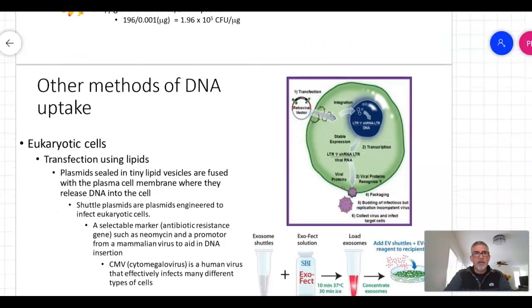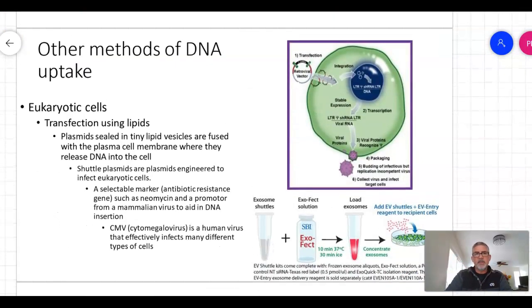Use technology. All right, so other ways that we transform things: eukaryotic cells, we can do electroporation with electricity. But the plasmids we insert here for eukaryotic organisms are called shuttles.